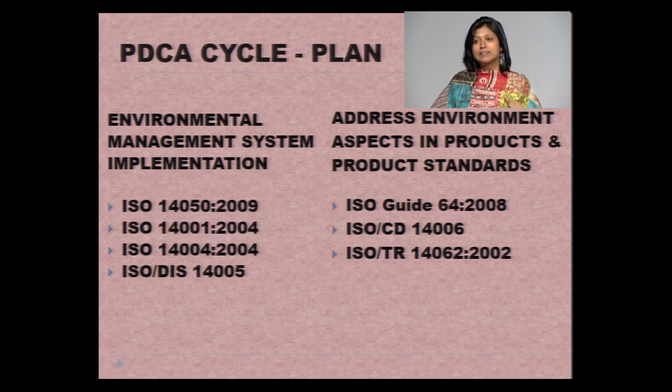There are a couple of ISO standards that have been developed which are part of the 14000 family. For the environmental management system, we have ISO 14050-2009. We also have ISO 14001, which was implemented in 2004. ISO 14004, which again came out in 2004.